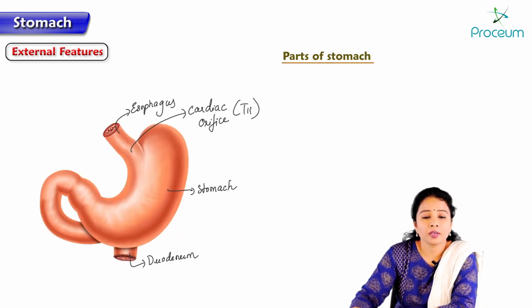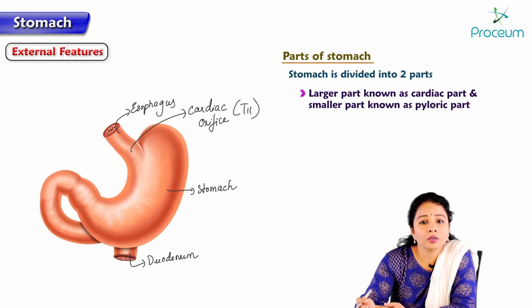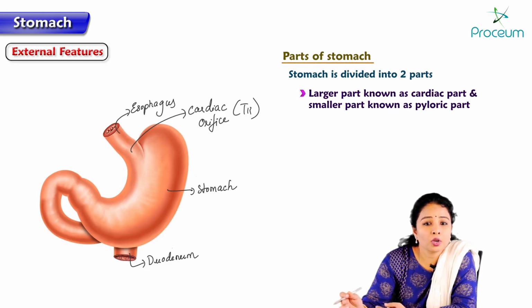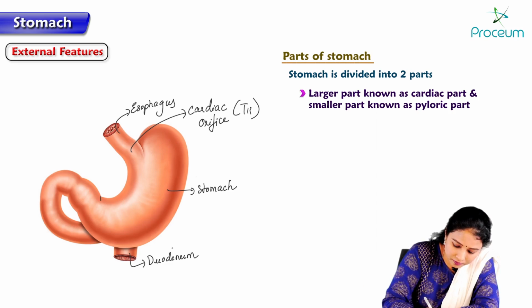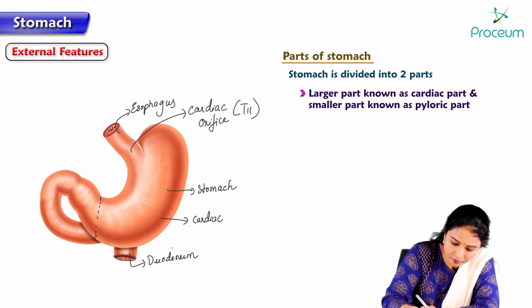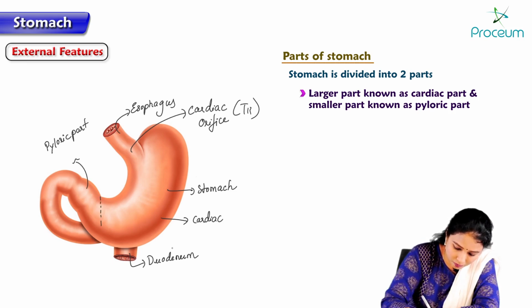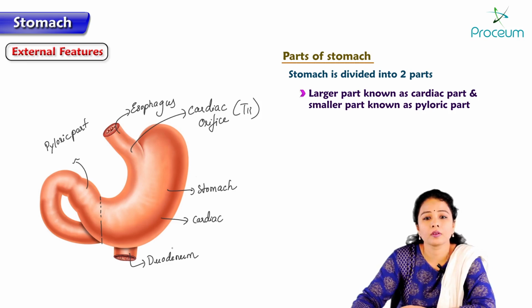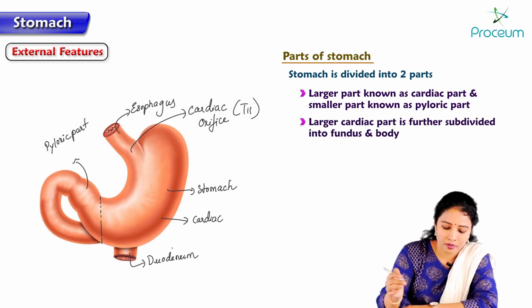Let's see the parts of the stomach. It is divided into 2 parts: the larger cardiac part and the smaller pyloric part. The larger cardiac part is further subdivided into fundus and body.